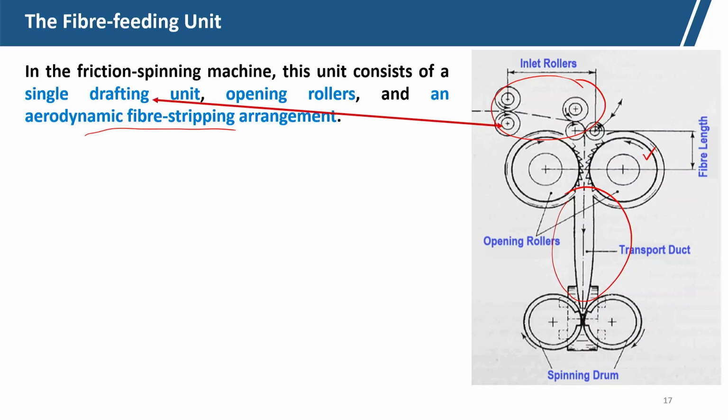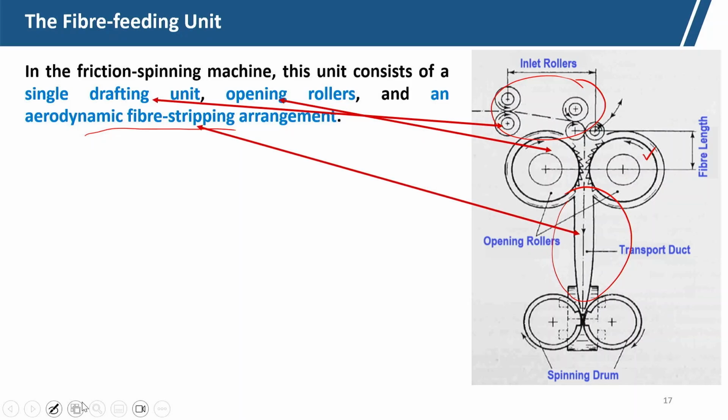Now, single sliver drafting, then the opening rollers and aerodynamic feeding system, fiber stripping system. And due to the suction present at this point, the fibers will be stripped from the opening roller, and also due to the centrifugal force.